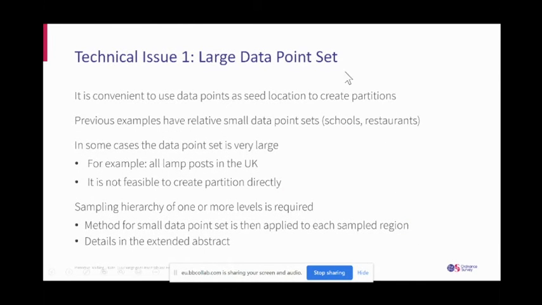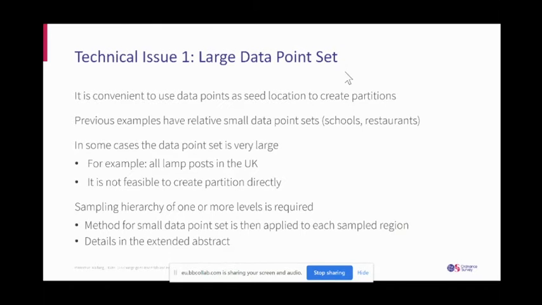So there are two technical issues with this method. One is that when we have a large data point set, it is very convenient to use data points as the seed locations to create the partitions, but the set has to be small. In our previous cases, the schools and restaurants are relatively small, but in some cases the data point set could be very large.